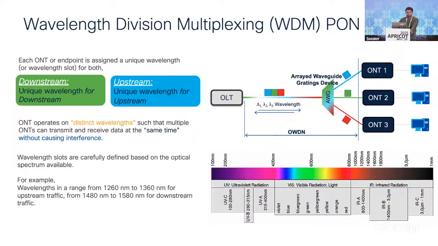When using specific wavelengths, we have to avoid interference as well, so we give some channel spacing between the different wavelengths to make sure that your signal can pass through easily.